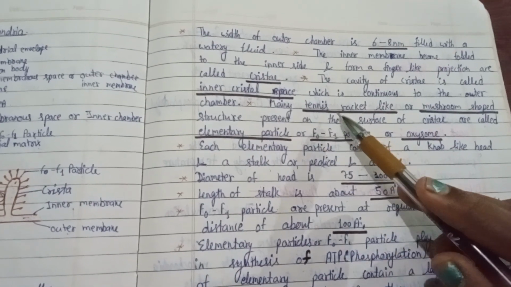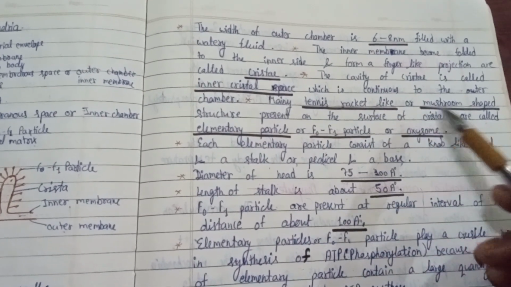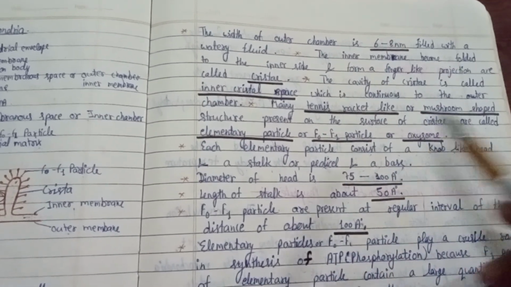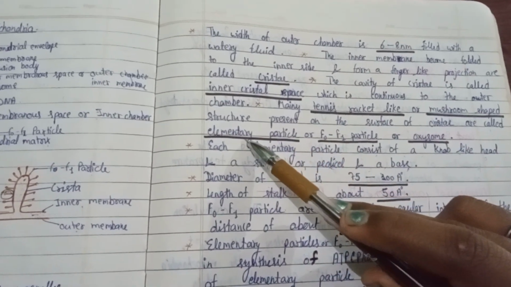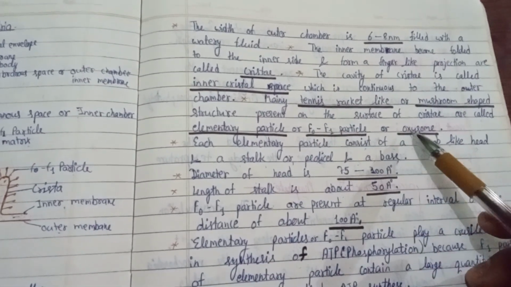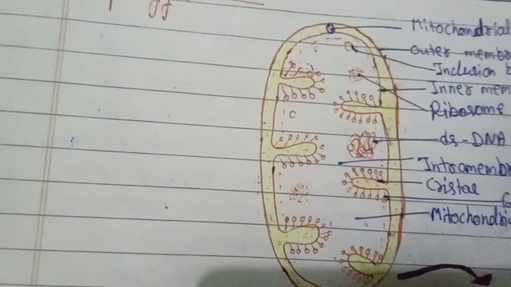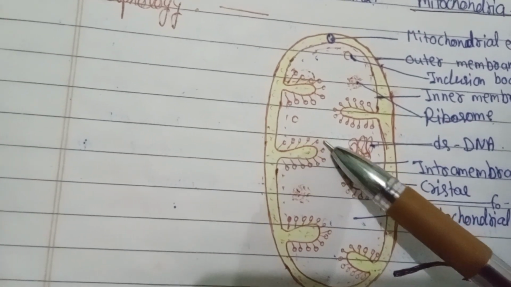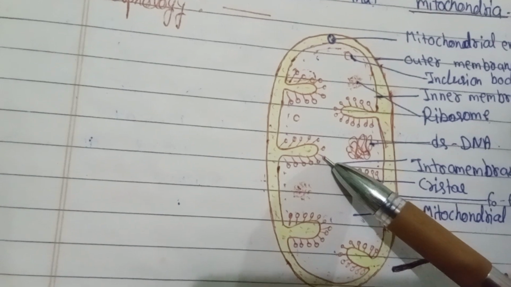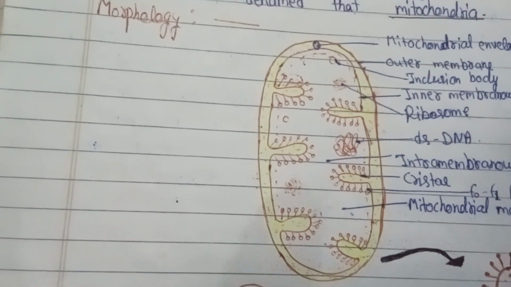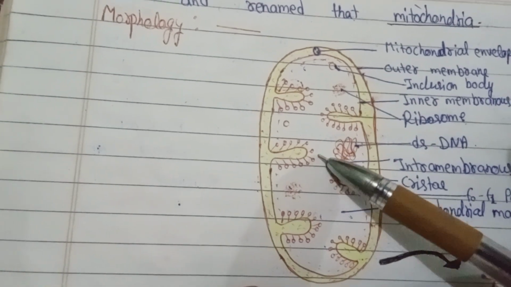Tennis-racket-like or mushroom-shaped structures present on the surface of christae are called elementary particles or F0, F1 particles or oxysomes.